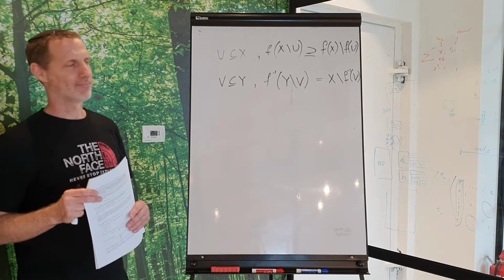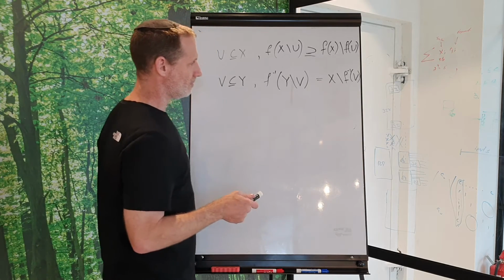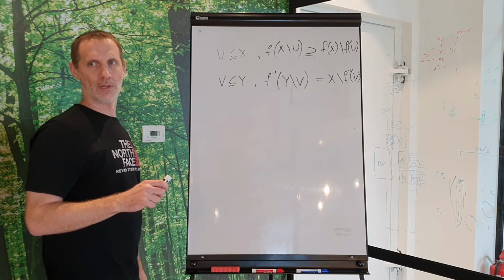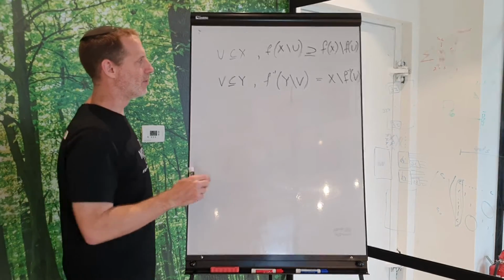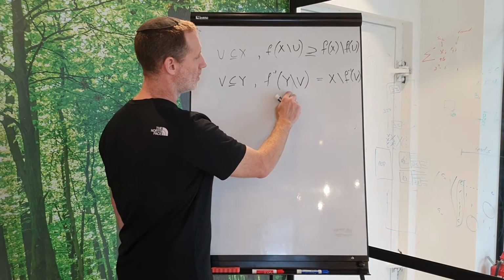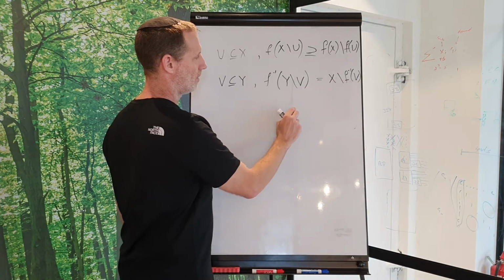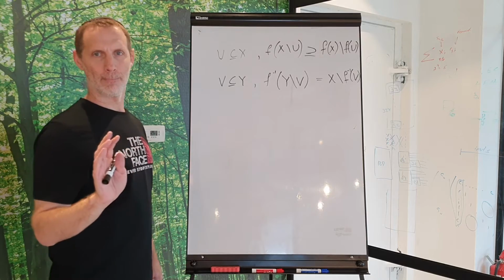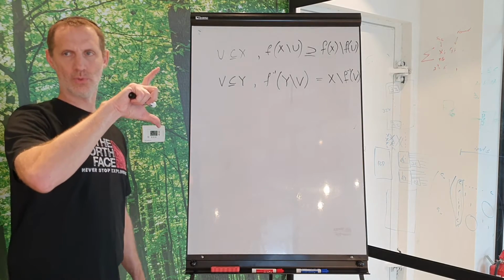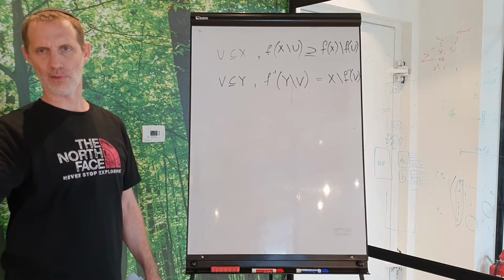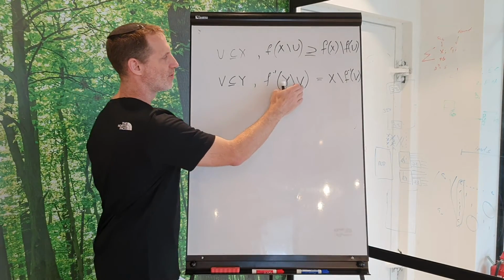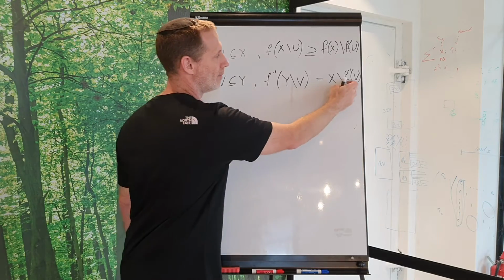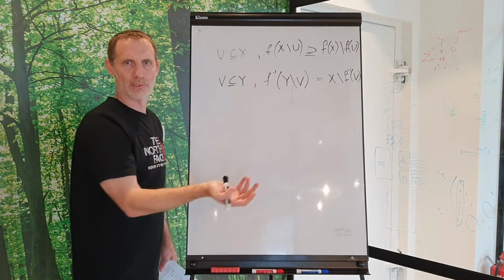Not necessarily, because there can be different x's that give the same v. On the right side, if you have a y that has two different x's that lead to that y, you remove the y, so you remove both of those x's.